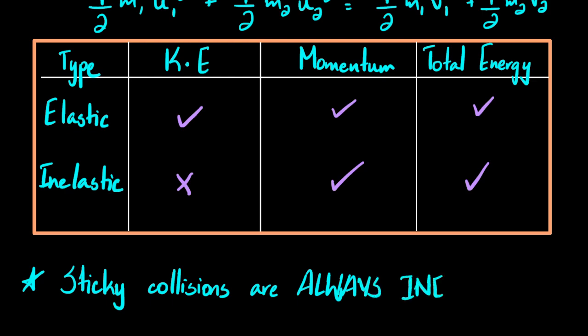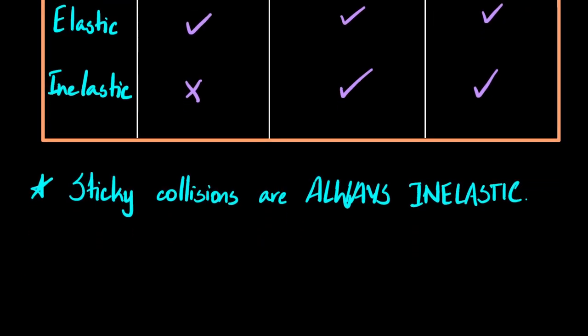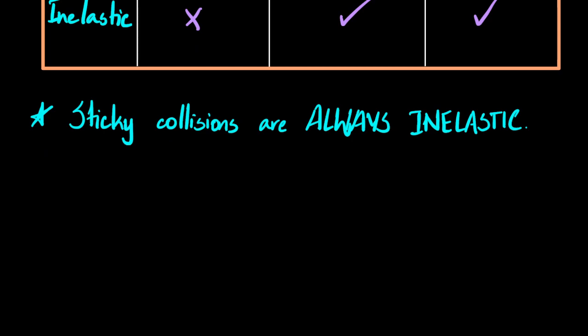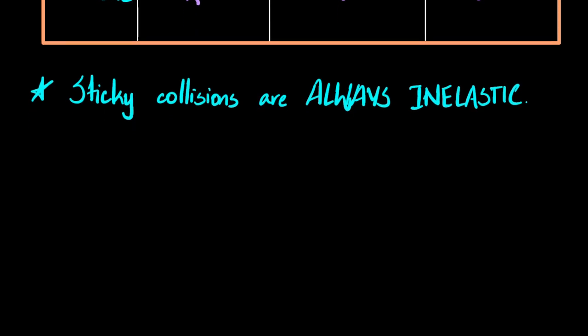Any example of a sticky collision you may have will always have some loss of kinetic energy. And there is some math behind this, but it is quite intensive, and we'll not be going over that right now because it's not part of the syllabus.